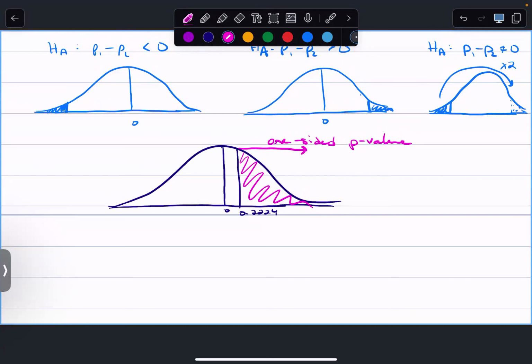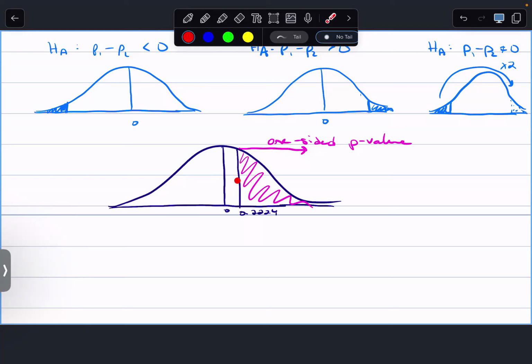How am I going to find that? I have to use the norm.s.dist command, right? And I can find the area to the left, but remembering that I want the area to the right. So I can use 1 minus the area to the left to find the area in the upper tail.